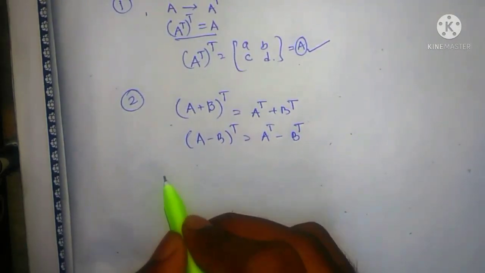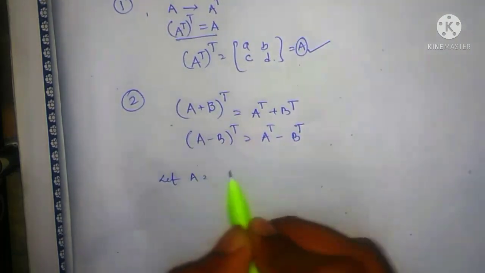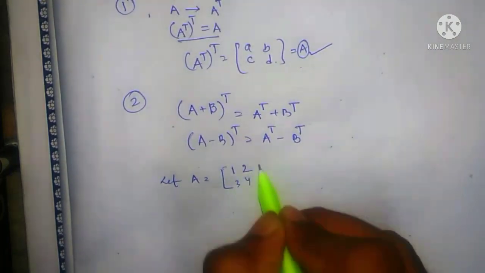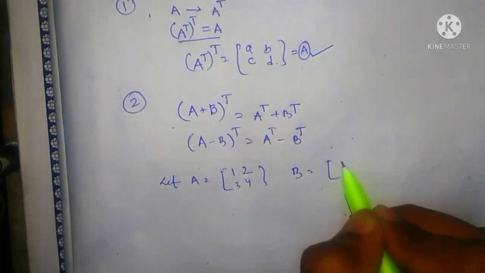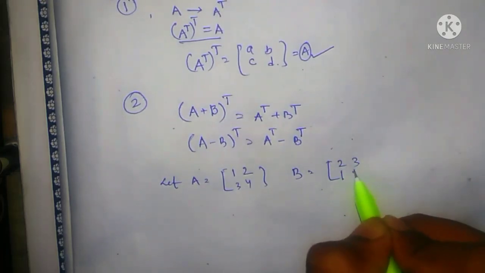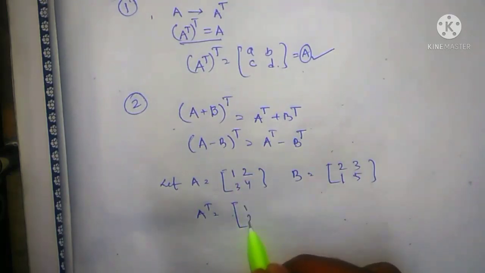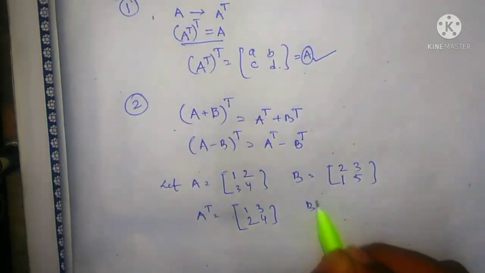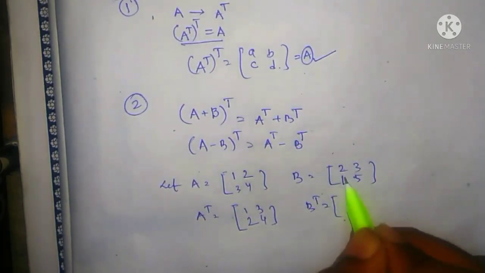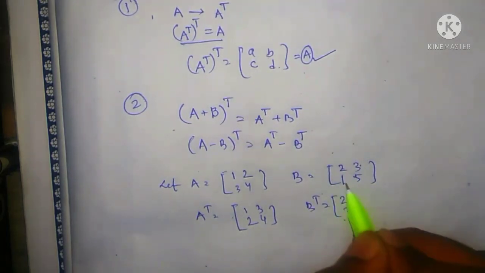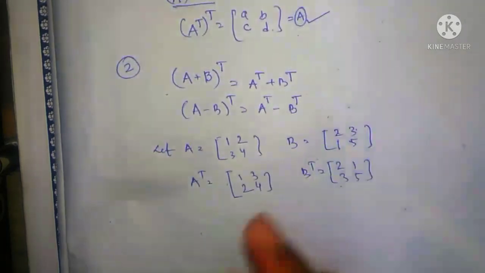Let's try an example. Let A equal 1 2 3 4, B equal 2 3 1 5. So A transpose is 1 2 3 4, B transpose is 2 3 1 5.